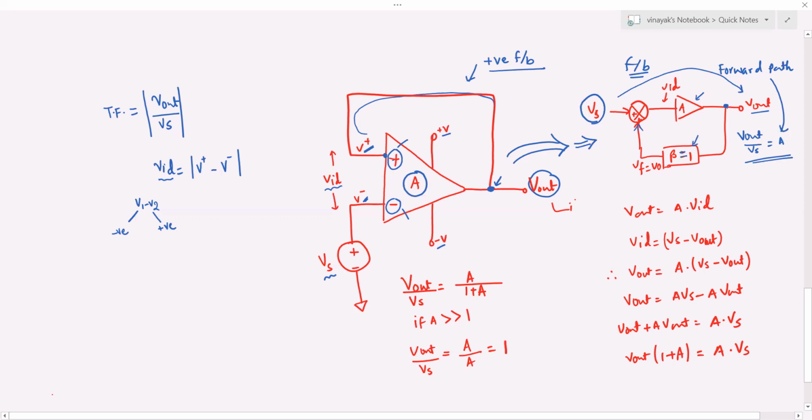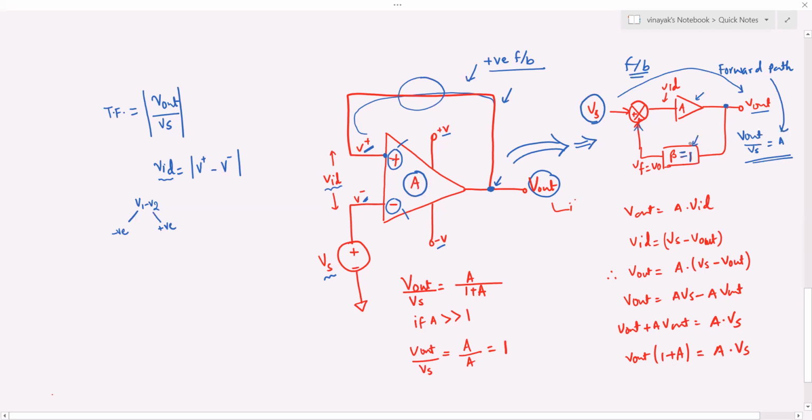Here the beta is called the feedback circuit gain, which is equal to 1 because we are feeding all the output back to the positive input. So we don't have any special network in between to create a feedback circuit. So we say that beta equals 1.